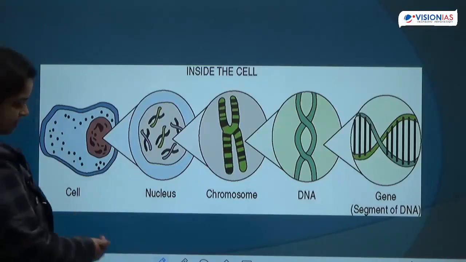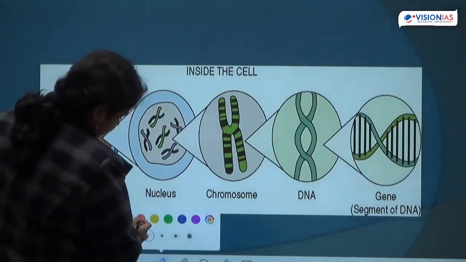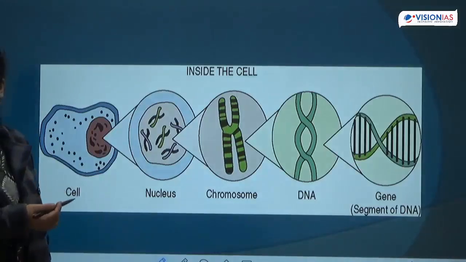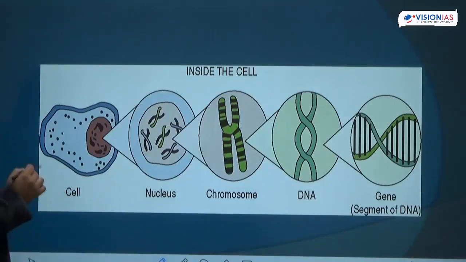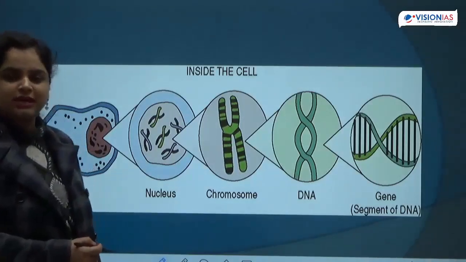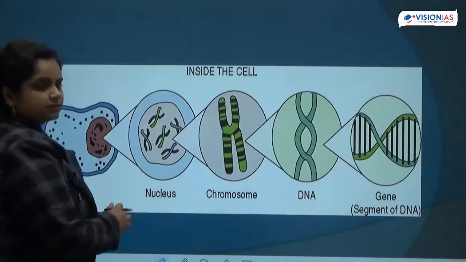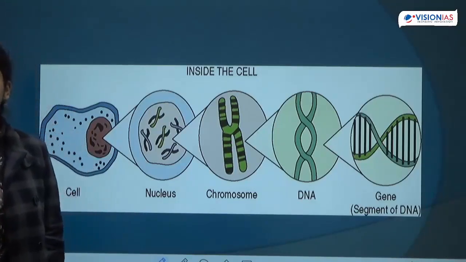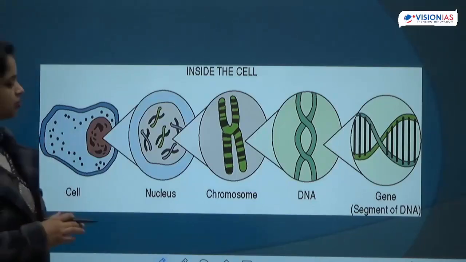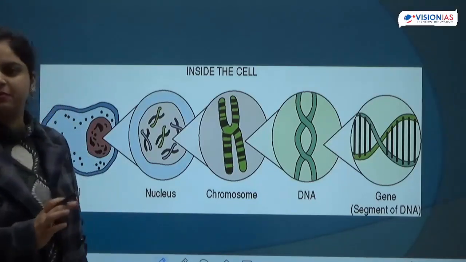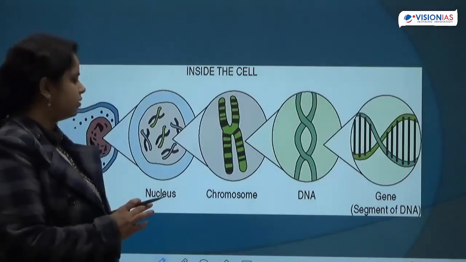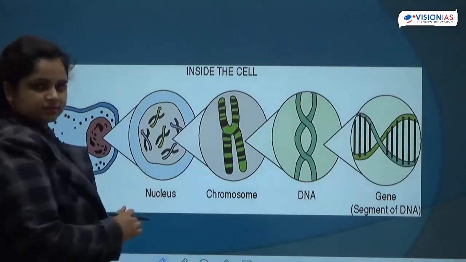So we spoke about the cell, right? We have studied what a cell is, what the cell does. In that cell, we mentioned that there is a nucleus. Inside every cell, there is a nucleus, and this nucleus, we said, is the one which contains the genetic material. So inside your cell, genetic material is found inside the nucleus.